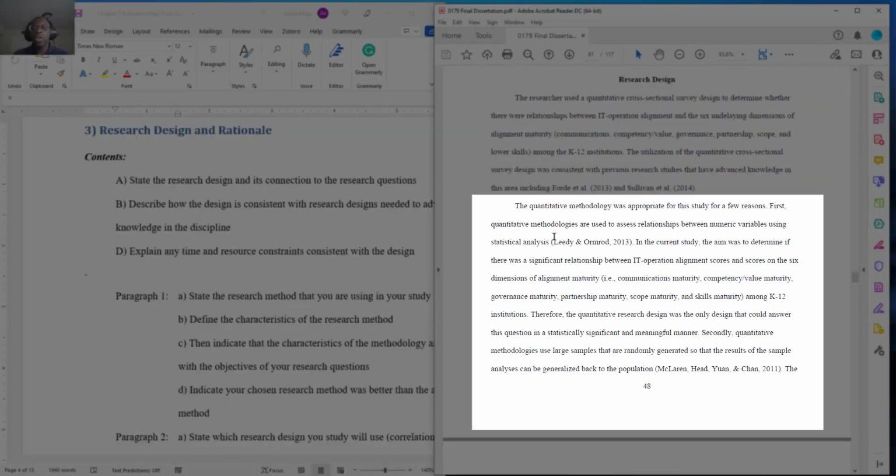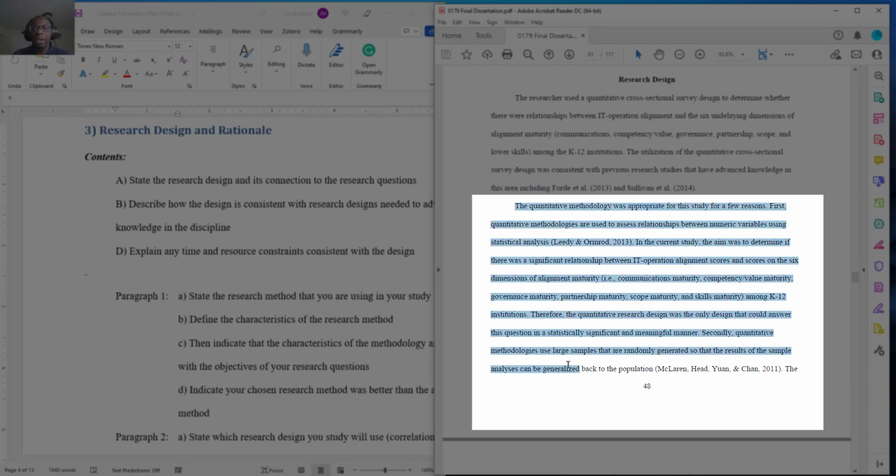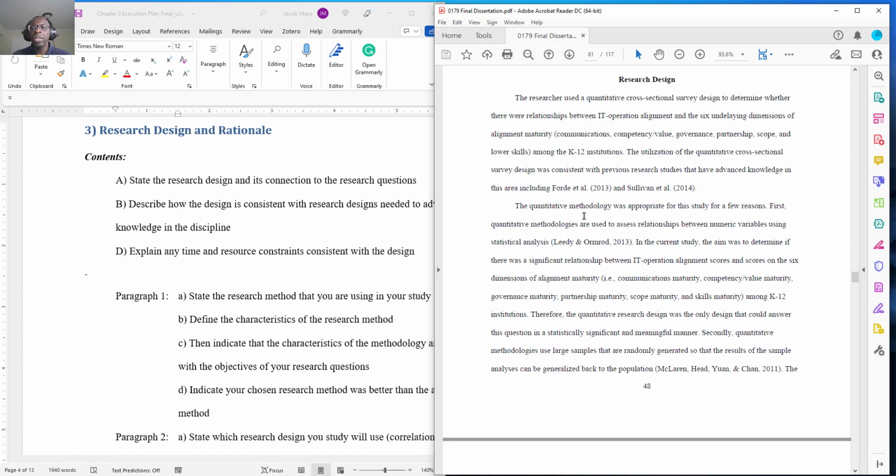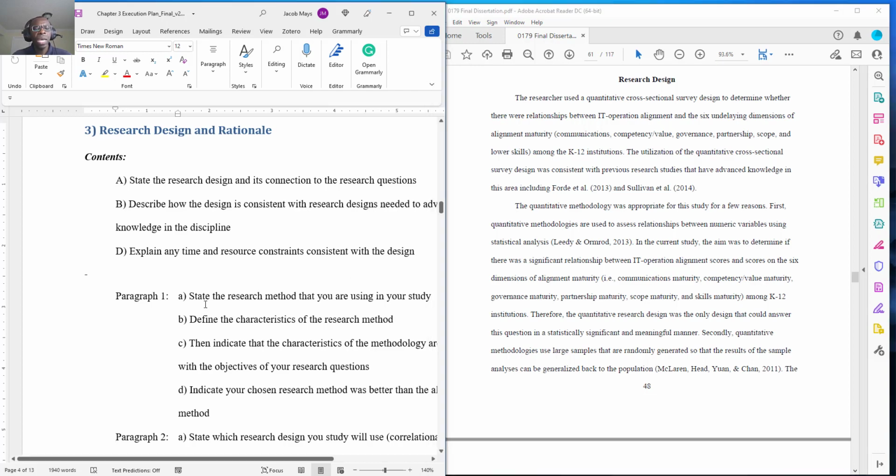All right. So this is the paragraph here that we're referring to in paragraph 1. The quantitative methodology was appropriate for this study for a few reasons. First, the quantitative methodologies are used to assess relationships between numeric variables using statistical analysis, right? So you state the research method and then you define a characteristic.